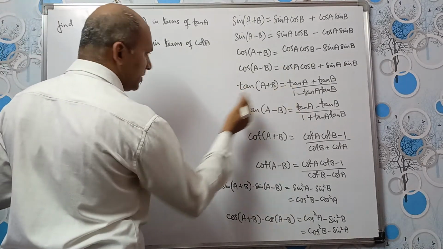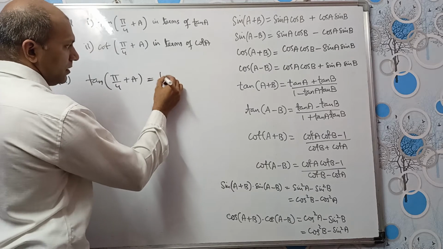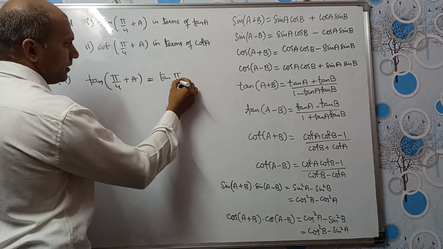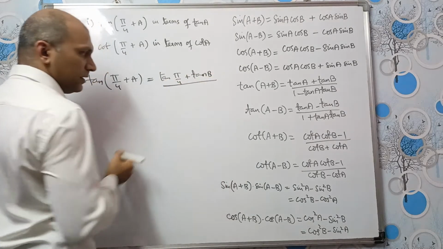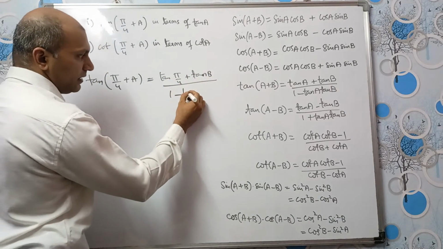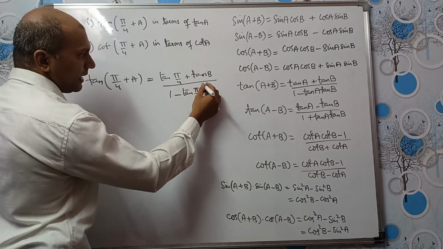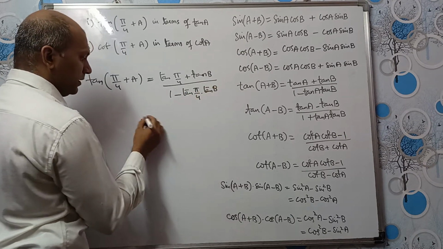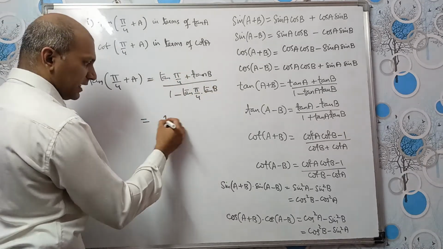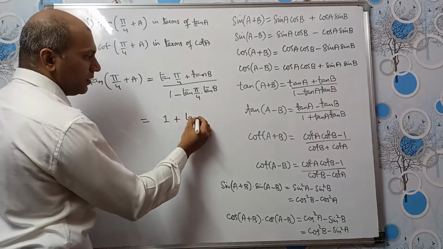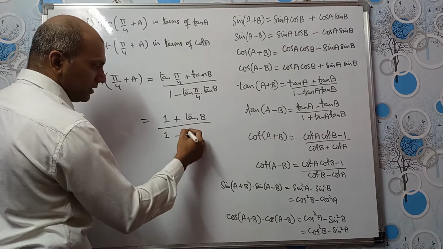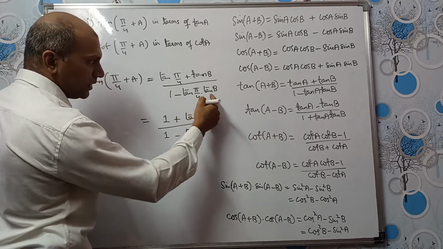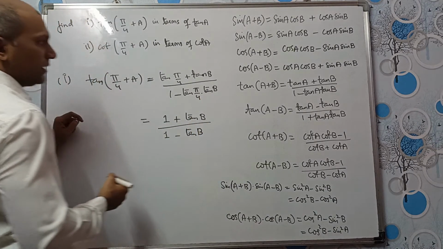So tan a plus b expansion is tan a plus tan b divided by 1 minus tan a tan b. So tan pi by 4 is 1, plus tan b divided by 1 minus, this is 1 into tan b is tan b.